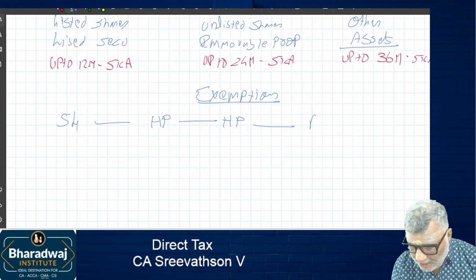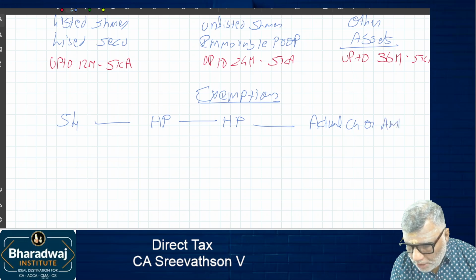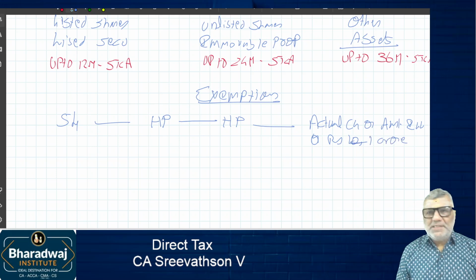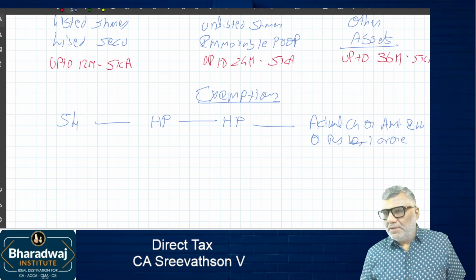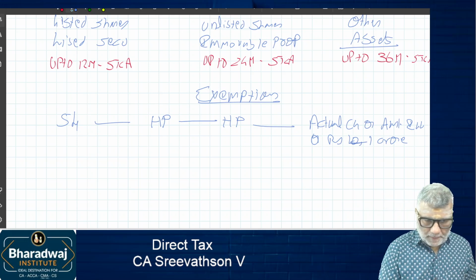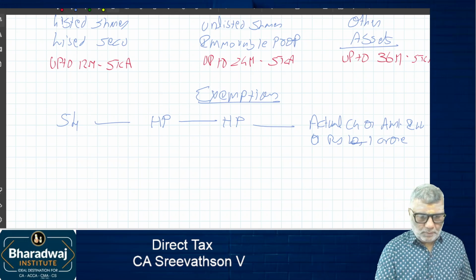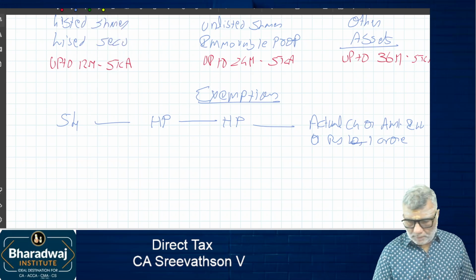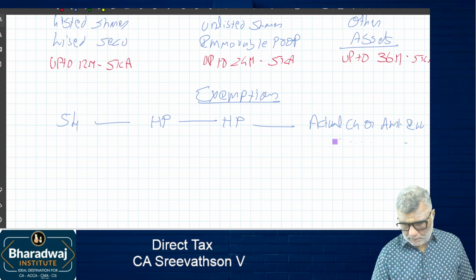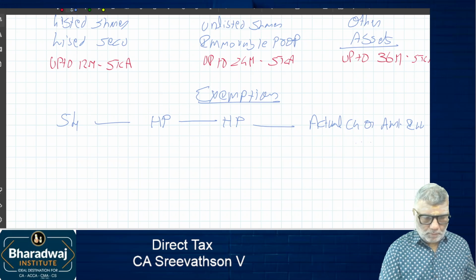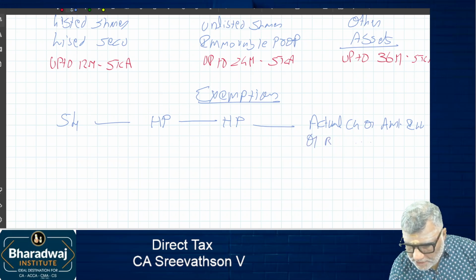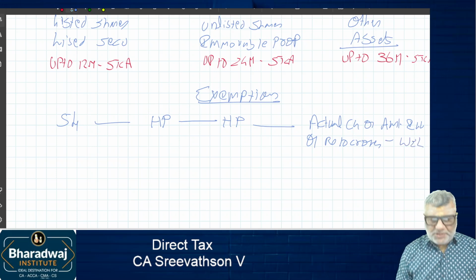Exemption is actual capital gain or amount invested or rupees 10 crores, whichever is less.